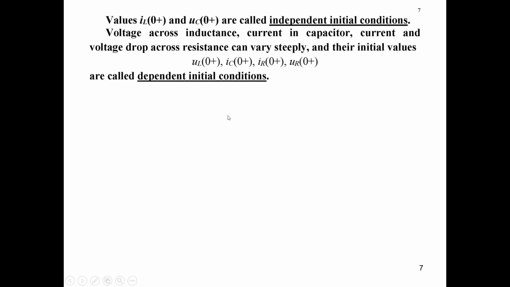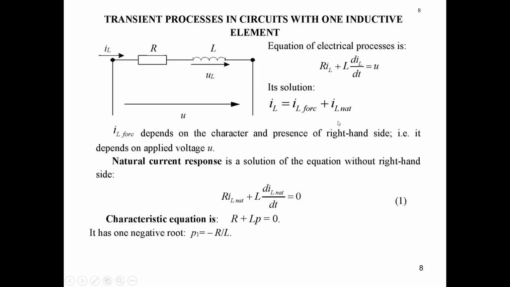Other parameters present themselves as dependent initial conditions, for instance voltage drop across inductance, current through capacitance, current through resistance, voltage drop across resistance, because they depend on the independent initial conditions.